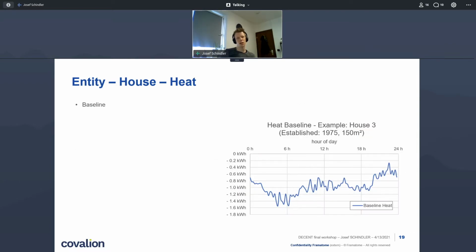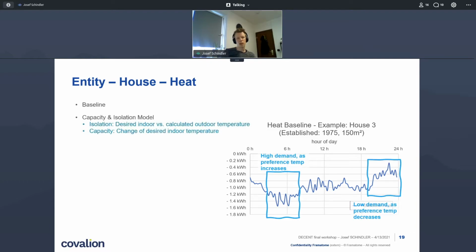Next we have a heat model for the houses, which comprises a capacity and an isolation model. The isolation model contains the indoor versus outdoor temperature, and of course this leads to a heat demand. The capacity model is driven by a desired indoor temperature preference baseline, and if it changes, the house needs to be heated up or cooled down afterwards.